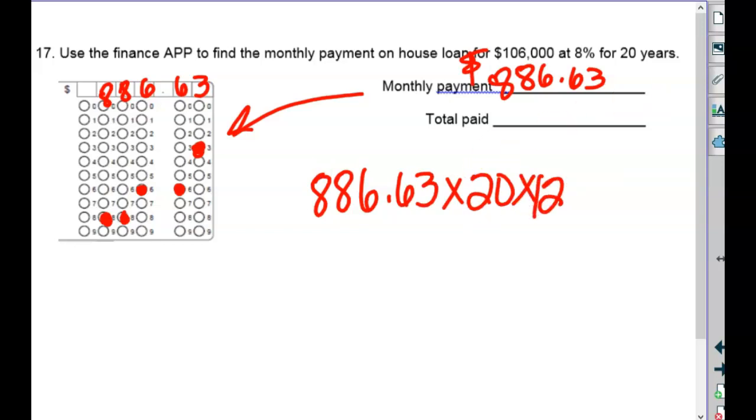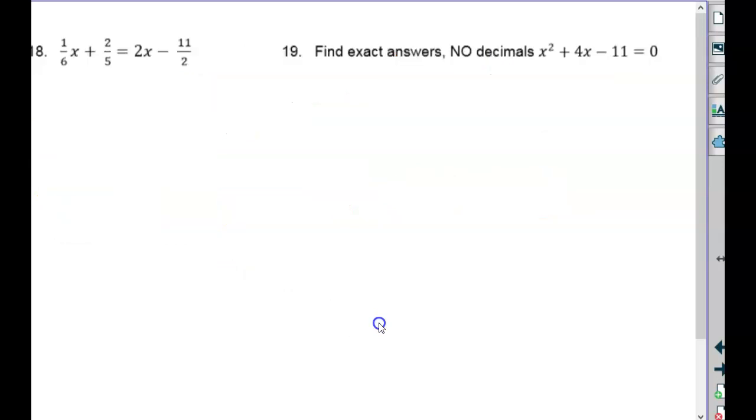Anybody have that number for me? Almost $213,000 for a $106,000 house. All right.